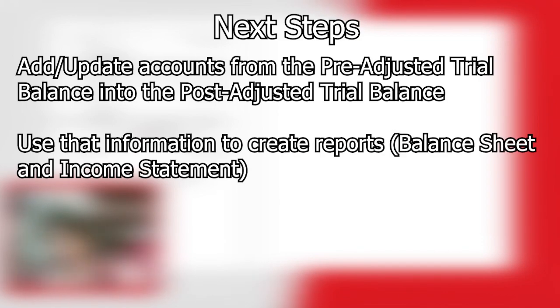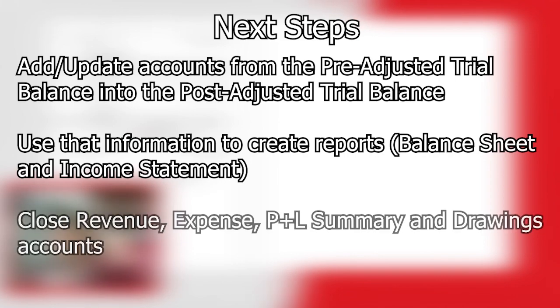And from that, we're going to close our revenues. We're going to close the expenses, close P&L summary, close drawings, and then balance assets, liabilities, and owner's equity. So it's just making sure we follow that. So before you were only given a pre-adjusted trial balance. Now, this point of the year, you should be starting to work towards a post-adjusted trial balance. And the only difference is you've done your balance day adjustments. That's the only difference between those two reports.